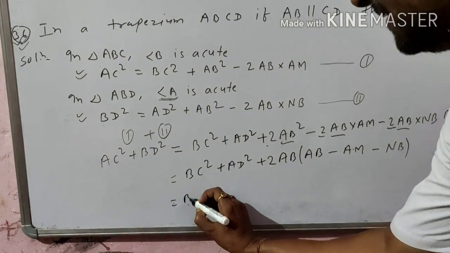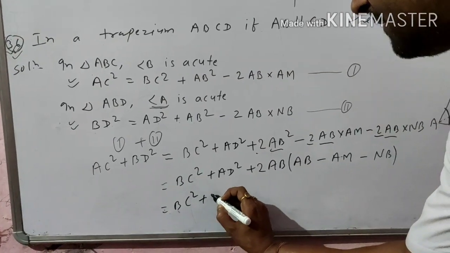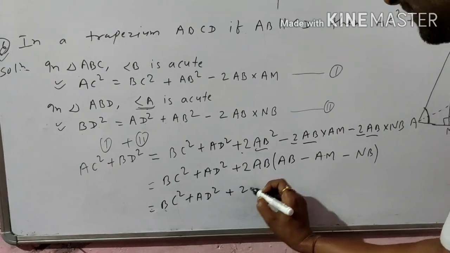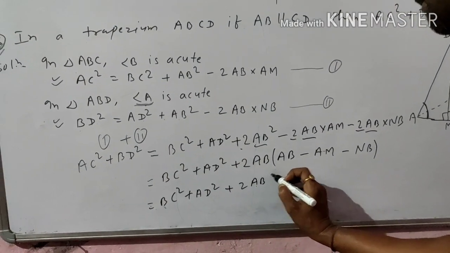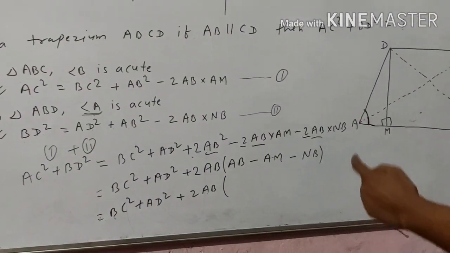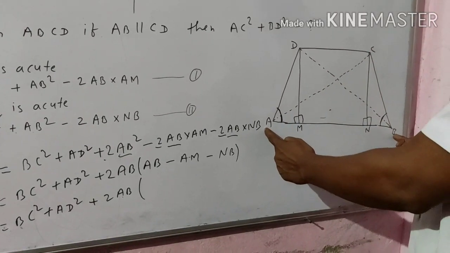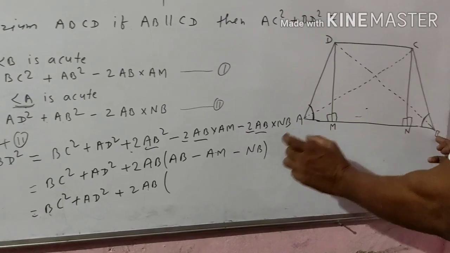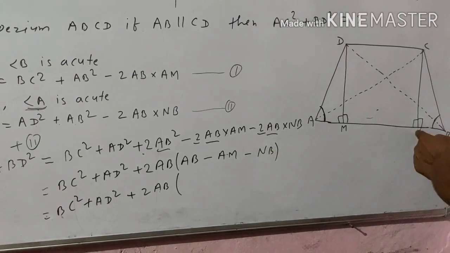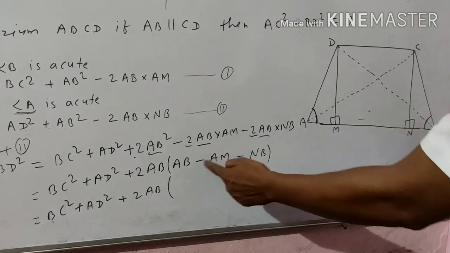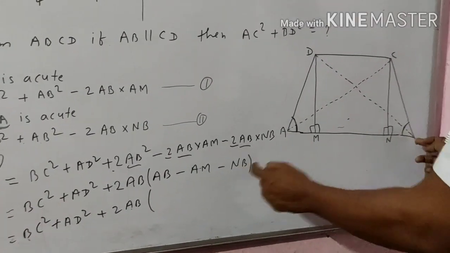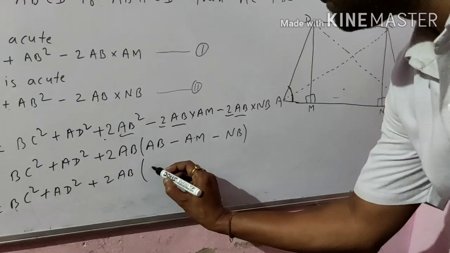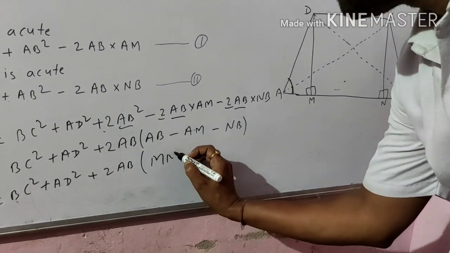So student, BC square plus AD square plus 2AB. Look at here, AB means the complete side AB, minus AM, this value cut down, and minus NB, this value. That means AB minus AM minus NB is equal to MN. So we can write here directly MN.